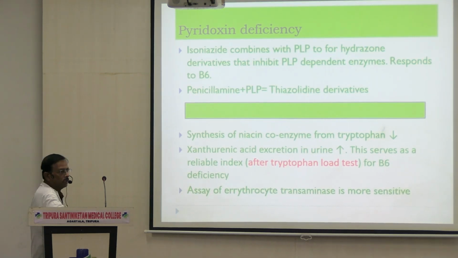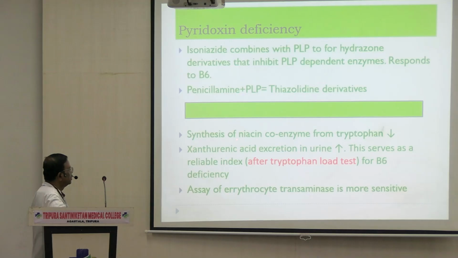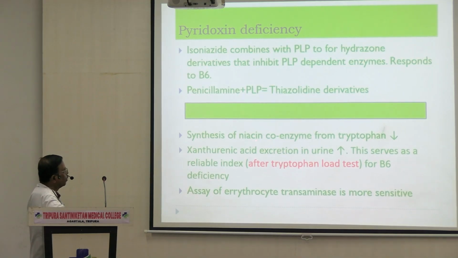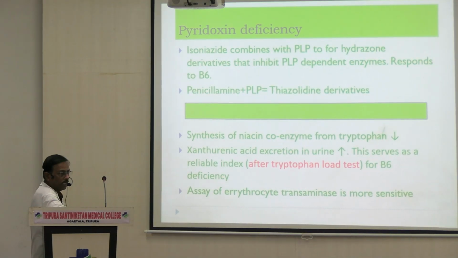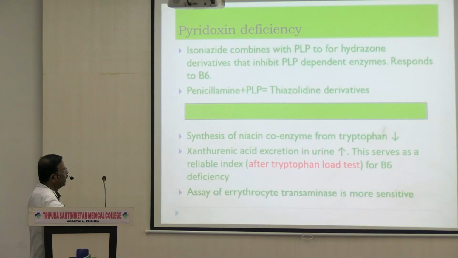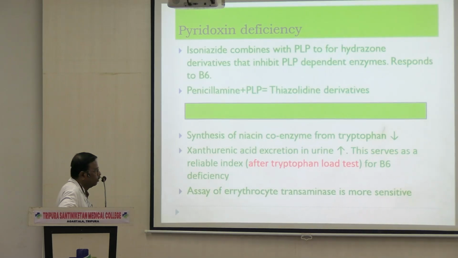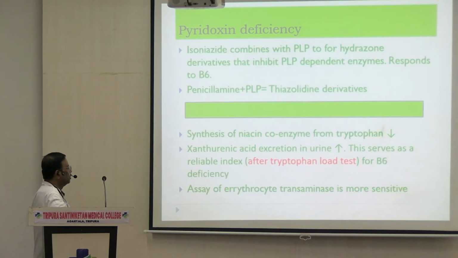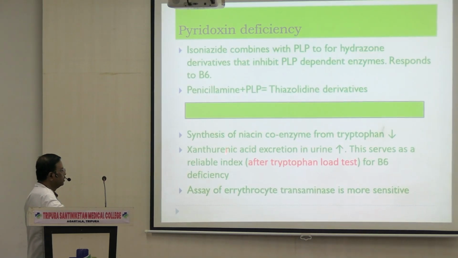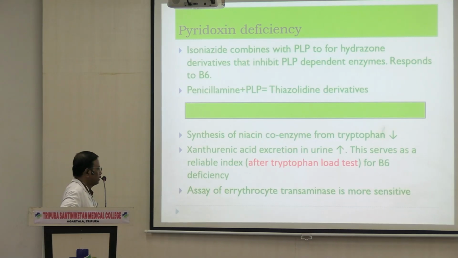Now, if there is any deficiency of PLP, there will be decreased synthesis of coenzyme, niacin coenzyme, NAD, NADP. Xanthurenic acid excretion in urine will be increased, and this is estimated after tryptophan load test.